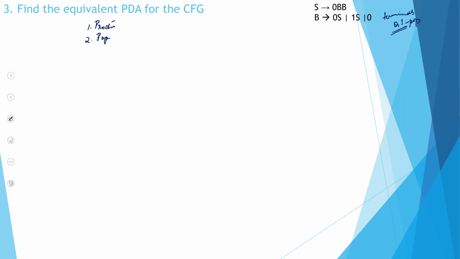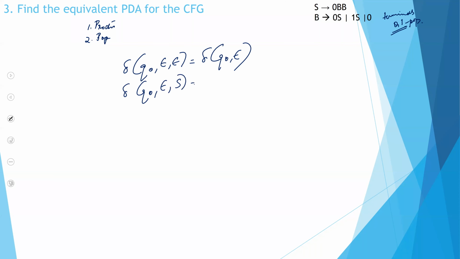Okay. So I'll write for my production rules first. Delta Q0 epsilon epsilon is equal to delta Q0, my initial. Okay. Now I'm writing for my production rules. Q0 epsilon S. Okay, equal to delta Q0 0BB. My next one is delta Q0 epsilon B is equal to delta.